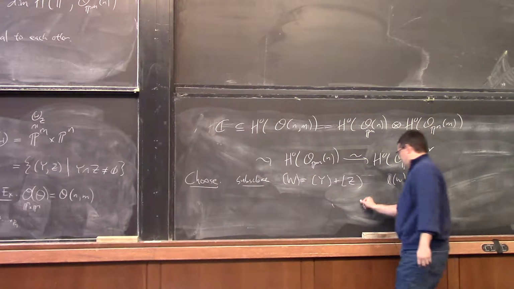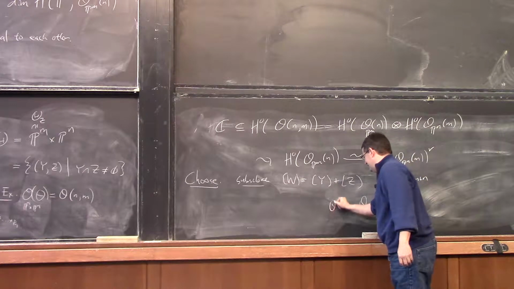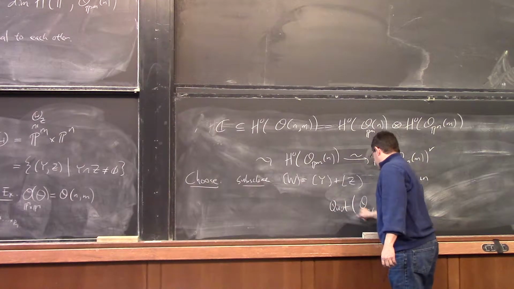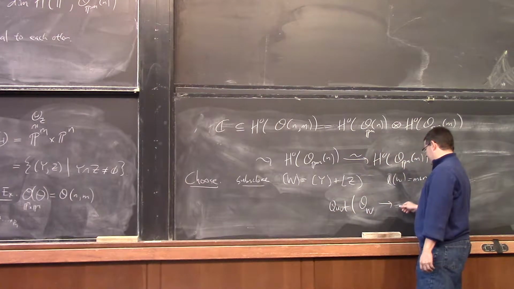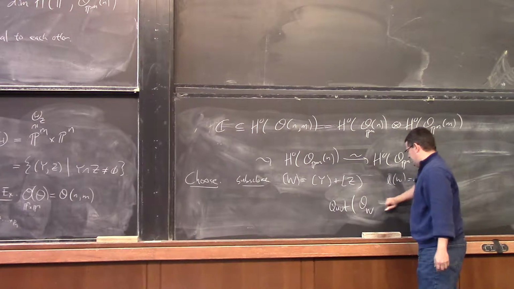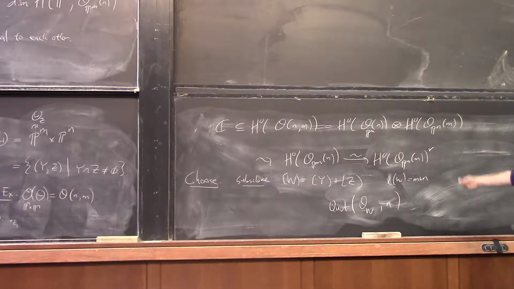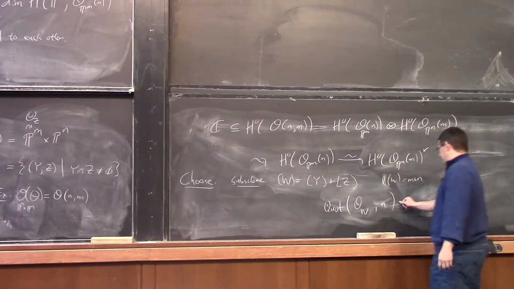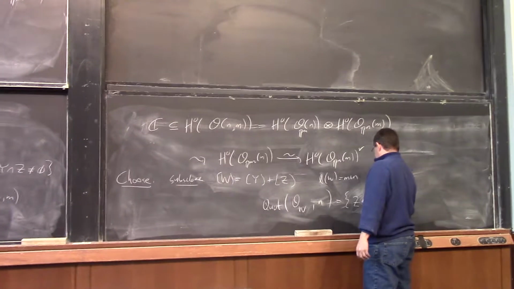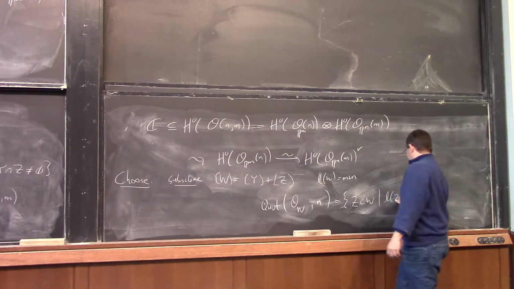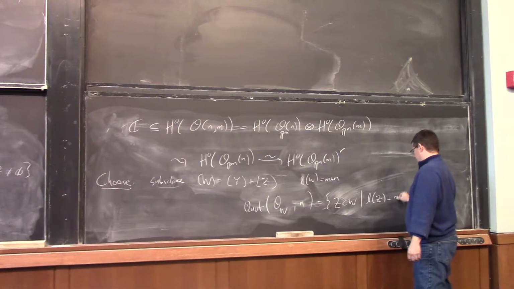And then I'll consider, this is very fancy, the quot scheme of length n quotients of W. Well, you know what that is. That's just going to be the set of Z inside W, such that the length of Z is n.